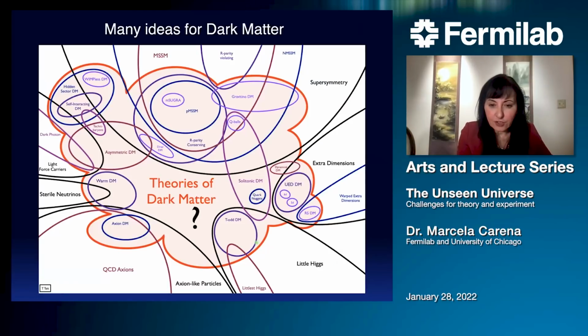We want to try to put all the pieces of the puzzle together. This, of course, leads to lots of interesting guesses with very funny sounding names like quark nuggets and axions of all types. And of course, the WIMPs that are somewhere here.